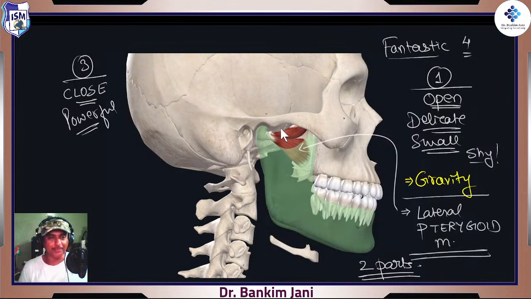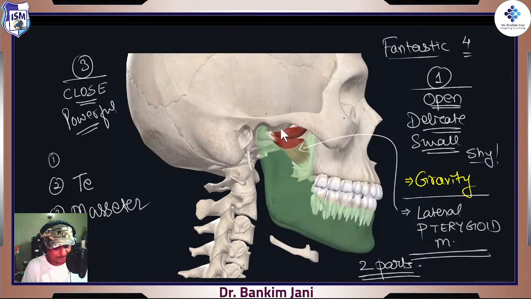And those 3 powerful muscles, right? They are monstrous muscles. So their names are also like that. See, one we talked about, right? That monstrous muscle, masseter. And look at the name, temporalis.